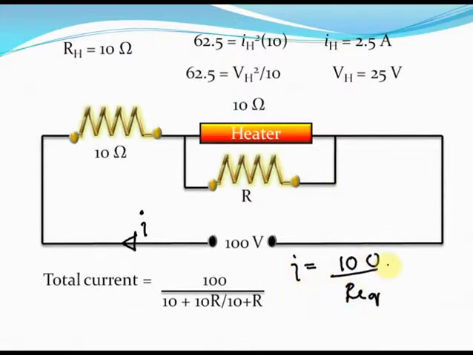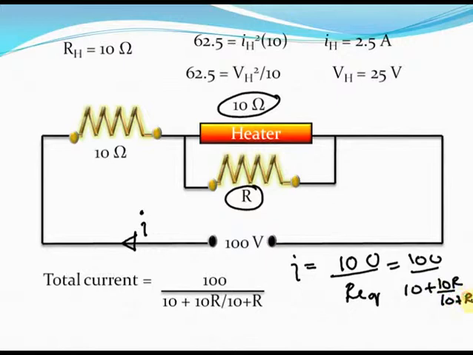Now R equivalent is clearly 10 plus the equivalent resistance of the heater and this resistance R. The resistance of the heater is 10 ohm and this resistance has R ohms. Therefore, the equivalent resistance here will be 10R divided by 10 plus R. So basically this is the total current in the circuit.